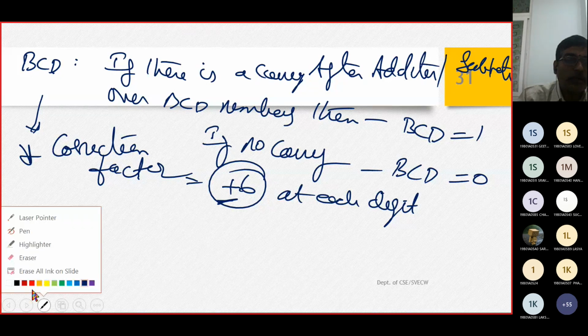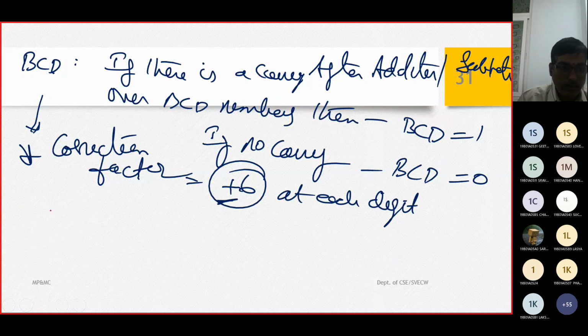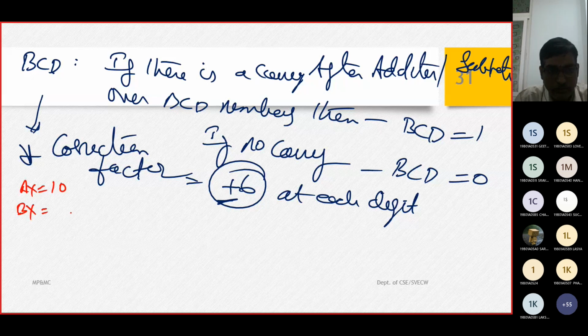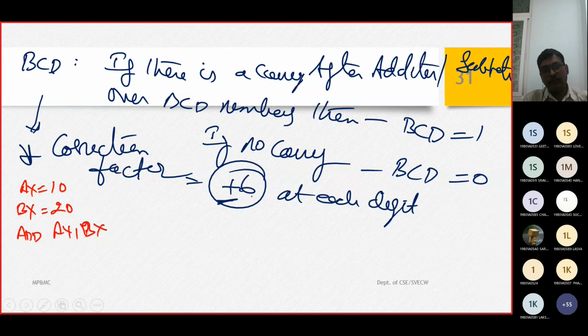So let us take a smaller example. I am going to say AX is equal to 10 and BX is equal to 20. Then I am going to say ADD AX, BX.